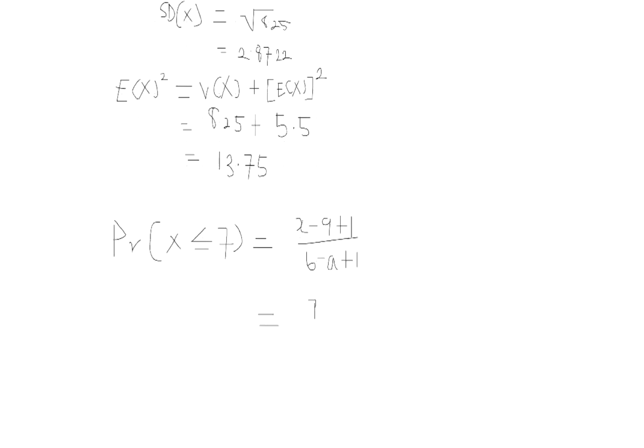So at the end of the day, we're going to have 6 over, wait, I'm supposed to put 1 here, plus 1. And so at the end of the day, this should not be 6 anymore. This should be 7. We should have 7 over 10. Now, this is just the way to do it with the formula.